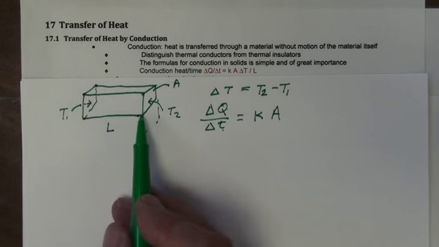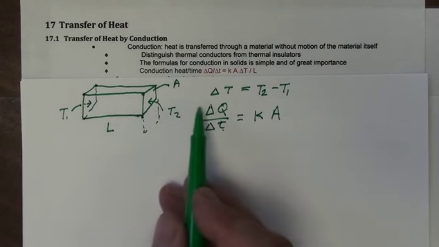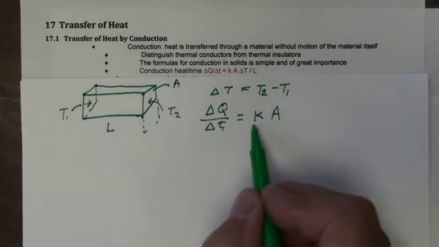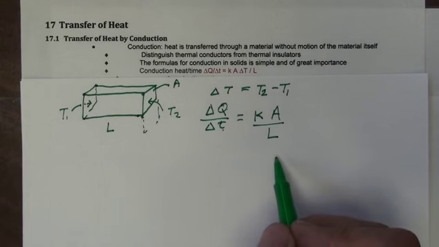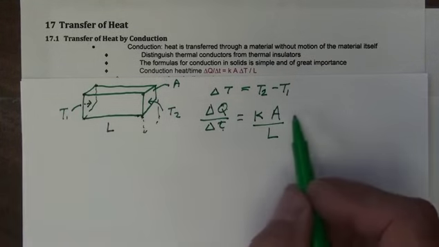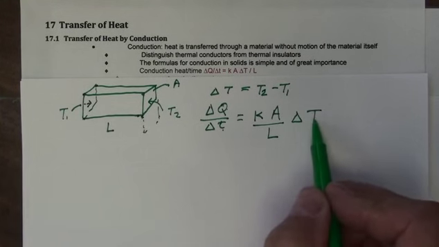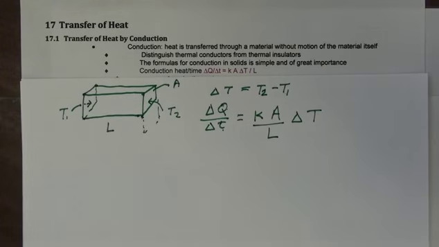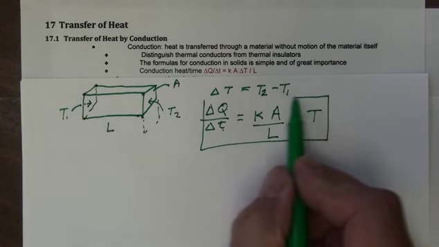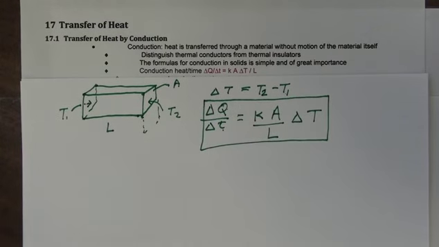But it's going to be inversely proportional to the length, because if the length is twice as great, only half the heat would flow down there. So it's going to be divided by L. And finally, it's going to be proportional to how much temperature difference we have, delta T, which is T2 minus T1. This is the critical equation that you have to remember for the conduction of heat.